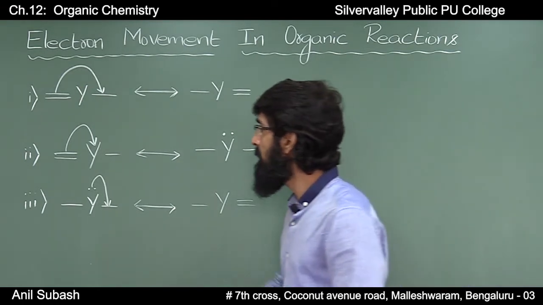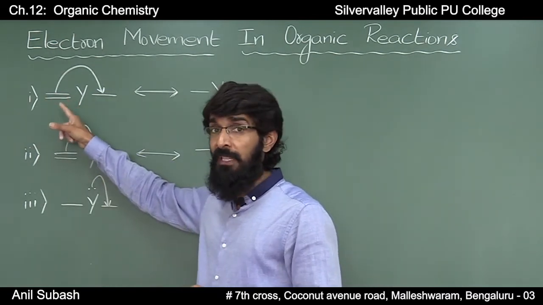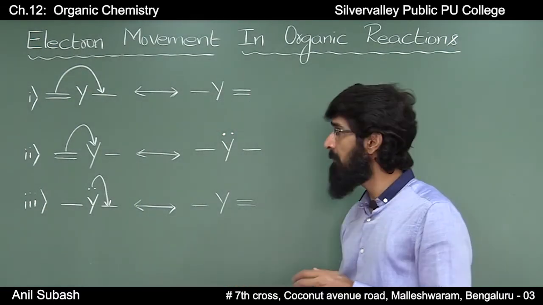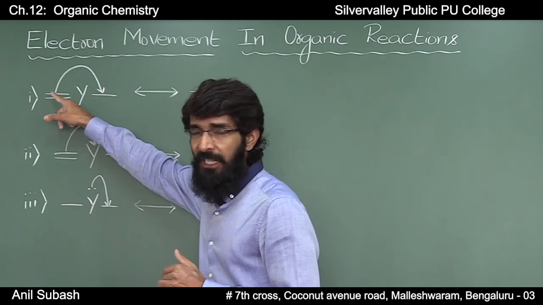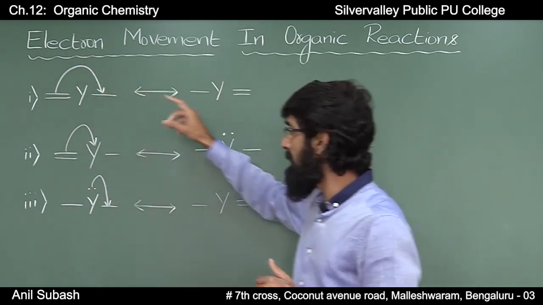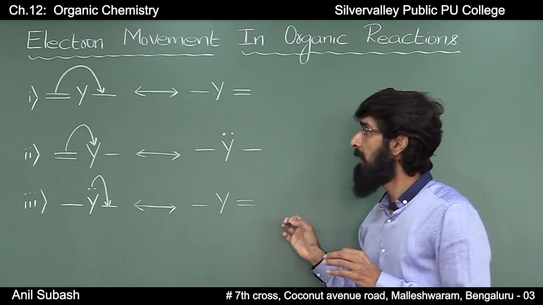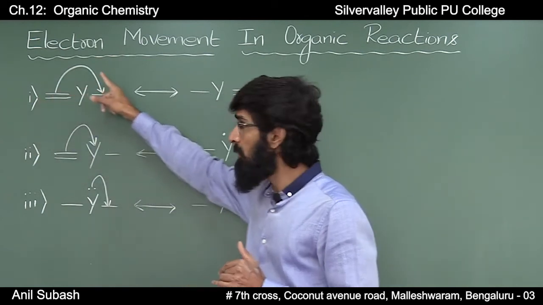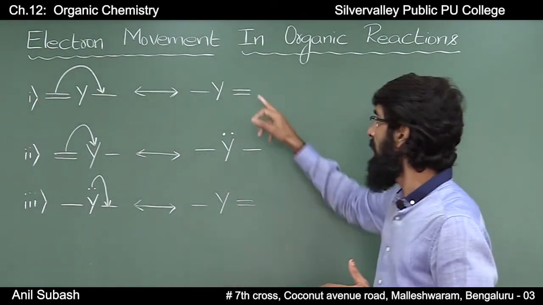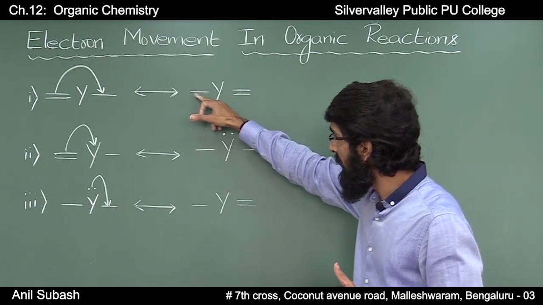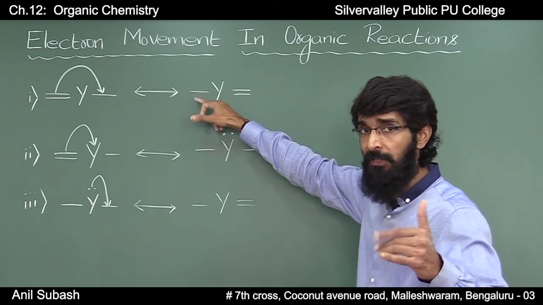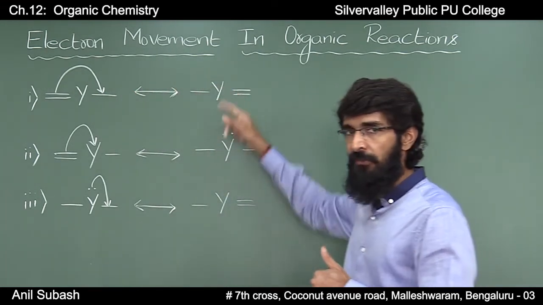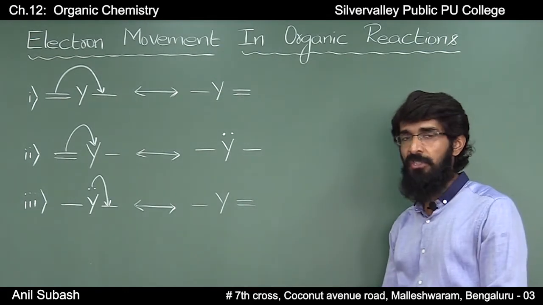First example, you have a double bond, which means that you have a pi electron, and if you observe here, the movement of pi electrons has taken place to the adjacent bond position. Therefore, the double bond shifts to the adjacent bond position. There was a double bond here before the movement of electrons, and after the movement, the double bond is shifted to the adjacent bond position.